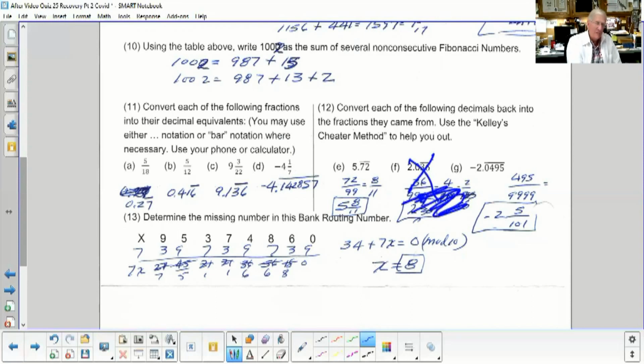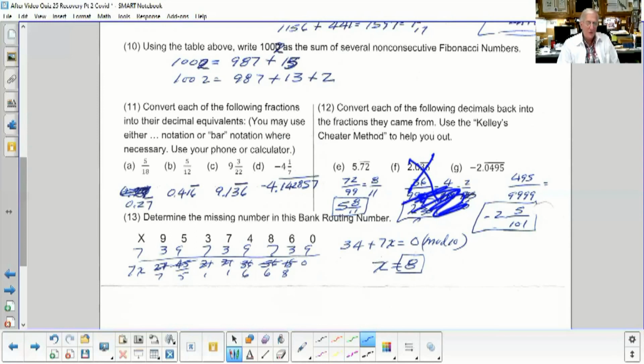Now, I don't remember if the problem I gave you that I sent home with you had a 0 without the bar over it. I assumed I put the bar over it. If I didn't, you can't use the Kelly's Cheater method to do it. Don't worry. The one on the test, you can use the Kelly's Cheater method. All right, 13. I got that x would have to be 8. 8 times 7 is 56.